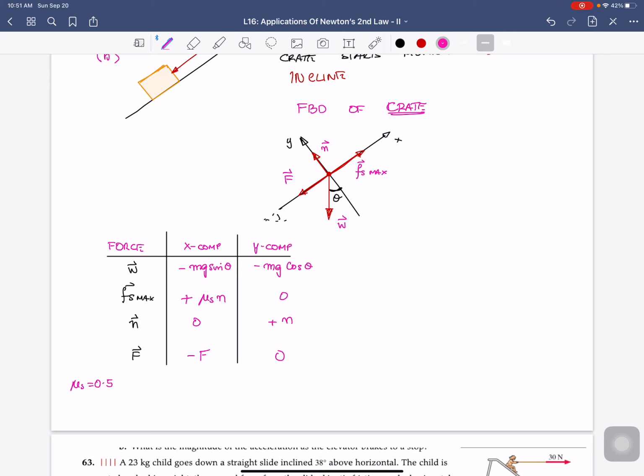You can use a similar approach as in part A to find F. Do the same thing as before: write the x component of the net force and the y component of the net force. Again, the accelerations are 0. Write them out, and you can figure it out.